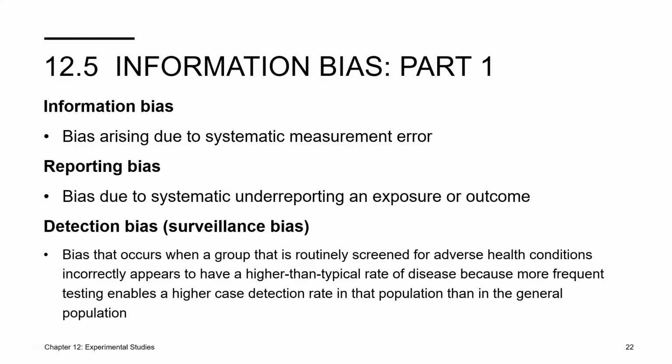Detection bias is also called surveillance bias, and it occurs when a group that is routinely screened for adverse health outcomes incorrectly appears to have a higher than typical rate of disease because they have more frequent testing. This enables a higher case detection rate in that population than if they were not normally screened.